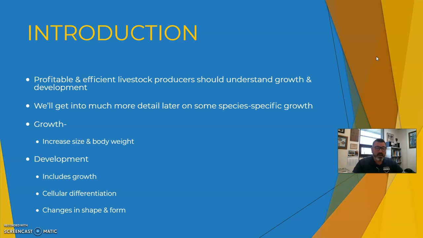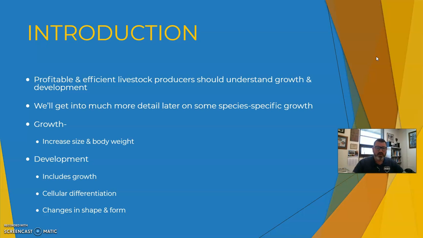And so we need to have a pretty good handle on how we can affect growth and development effectively so that your livestock, your conservation species, any of those kinds of things have the opportunity to grow into healthy and productive adults.